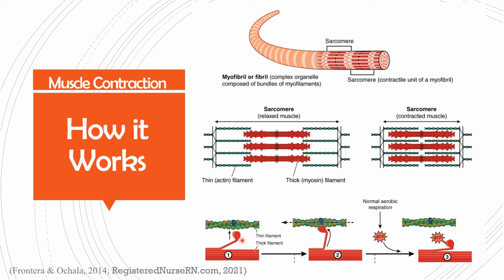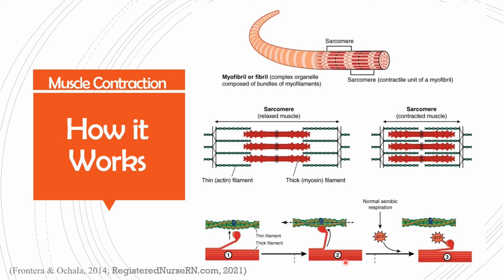Those knobby heads attach to the thin actin filaments when it's available for attachment. Once it makes that attachment, we move on to number two: it slides the actin in the direction that makes the muscle fiber shorten. That is the contracting portion of the muscle.